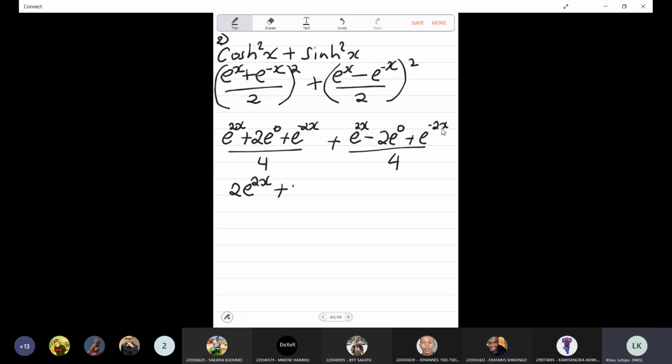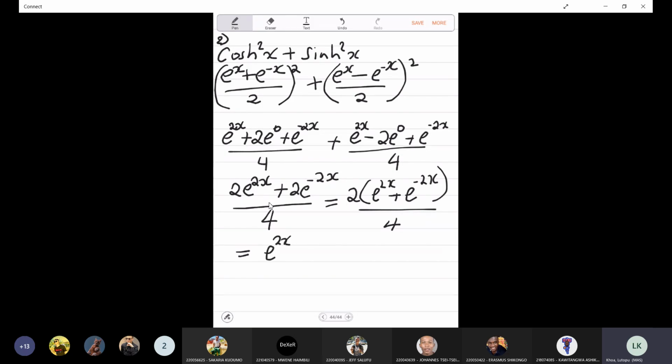That is 2 e to the power of minus 2x. And then my denominator is 4. So we can see that 2 is a common factor in the numerator, so we can take it out. So we have 2 times e to the power of 2x plus e to the power of minus 2x divided by 4. And this is e to the power of 2x plus e to the power of minus 2x divided by 2.